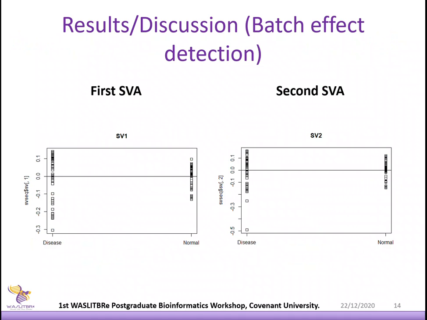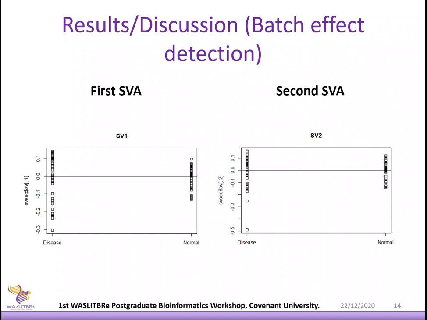So, as I mentioned earlier, the density plots depicted the presence of hidden batch effects, and here it was corrected using the surrogate variable analysis approach, where two sets of surrogate variables were estimated and added to the design of the data.